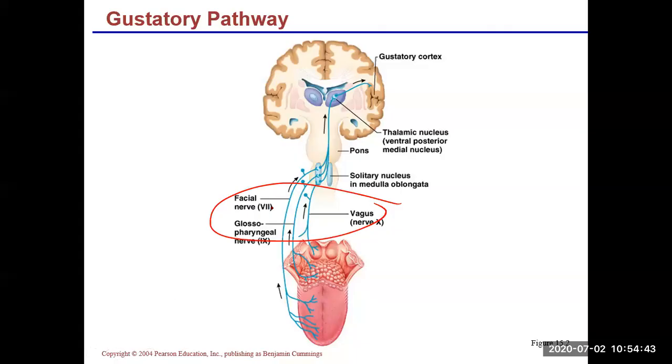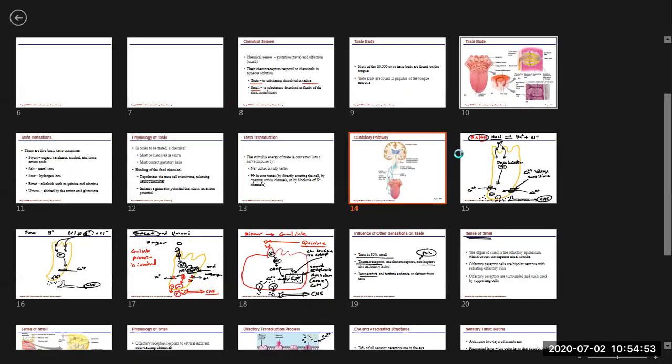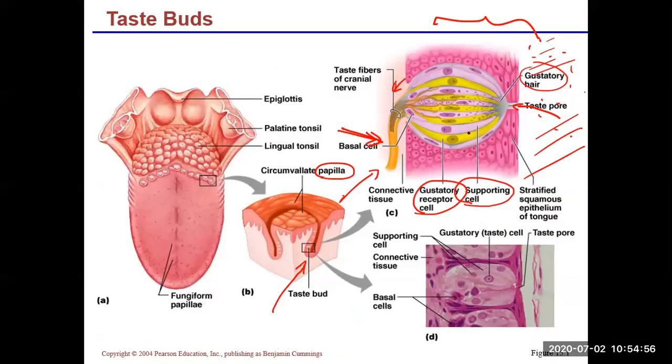So let's get to the travel inside of the tongue and take a look at the receptor cells. So earlier I told you that these yellow ones are the receptor cells right over here. All right, you could see it. So if we go ahead and take this and show it to you, it'll look something like this.